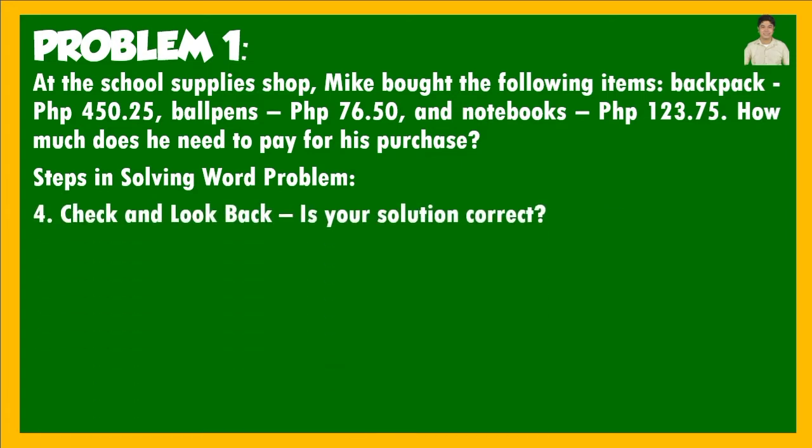Then number 4, check and look back. Is your solution correct? Dito, pwede tayong mag-verify. Kailangan nating i-check kung tama ba yung naging solusyon natin. Yung nakuha nating total, 650 pesos and 50 centavos, pwede nating i-minus sa kanya yung 450 pesos and 25 cents, 76 pesos and 50 cents, and then 123 pesos and 75 cents.